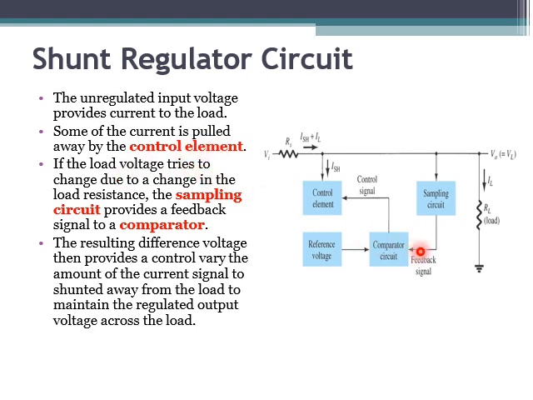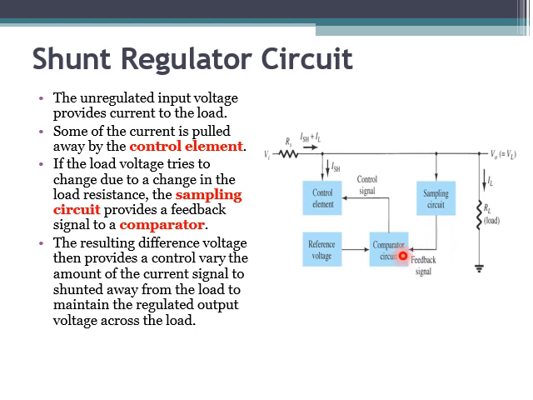Okay, so if the voltage tries to change due to the change in the load resistance, I told you that if there is any change in the load resistance, that will be sensed by the sampling circuit. So when the load voltage tries to change due to change in the load resistance, the sampling circuit provides the feedback signal to the comparator.